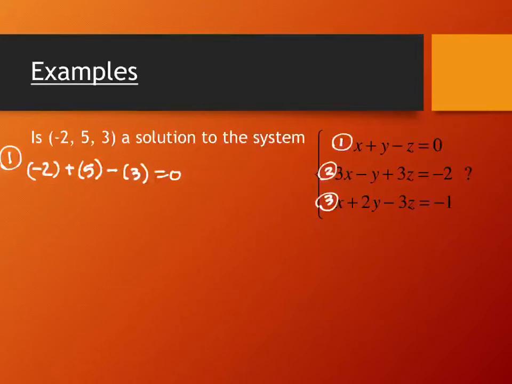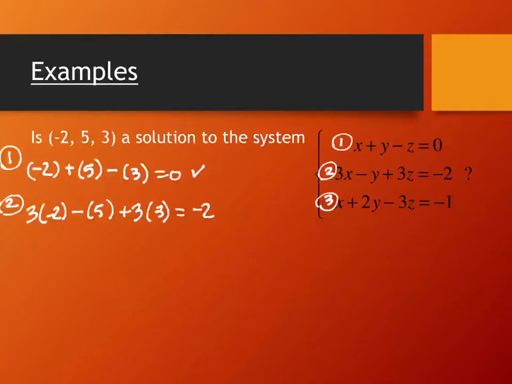So if we take negative 2 plus 5 minus 3, will that in fact equal 0? Yeah, it does. This one checks out. So it works for the first equation, so we'll go on to the second one. If it fails at any point, we can stop. We know the answer is no. But it worked for the first one, so we'll move on. The second equation is 3 times negative 2 minus 5 plus 3 times 3, and I'm trying to see if that equals negative 2.